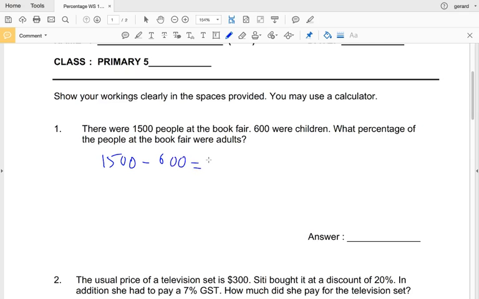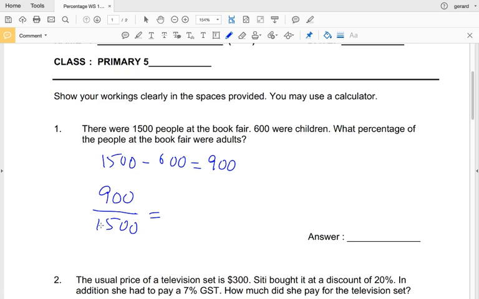You will get 900 adults. Okay, so this 900 adults, we want to find what percentage of it is in relation to the number of people. So we take adults over the number of total people.